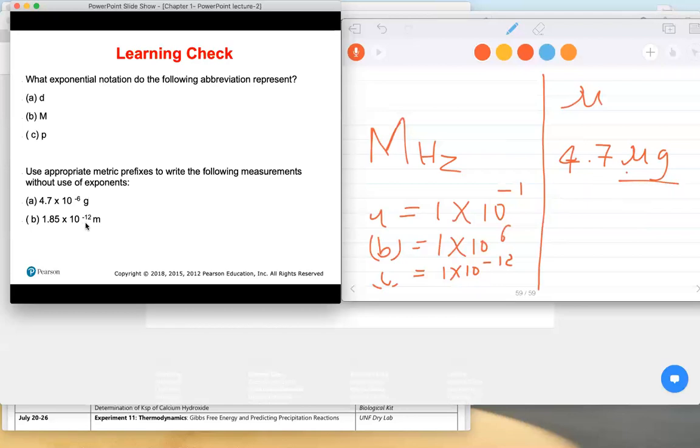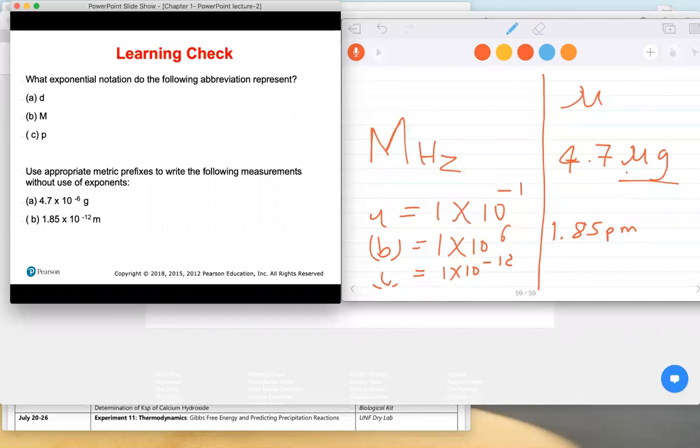Times 10 raised to 12, that will be 1.85. We don't need that. This is pico, picometer, times 10 raised to 12. That's what you can expect to be tested on in the table.